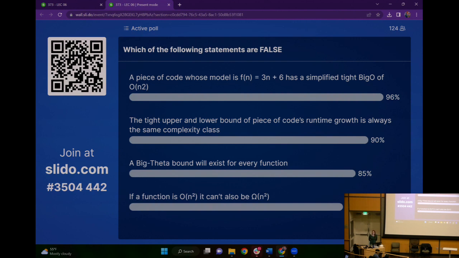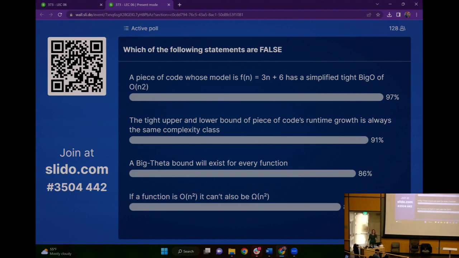Now, is O of n squared a correct big O? Notice how I did not say simplified or tight. Is O of n squared a big O of this function? Yes. Is O of n squared a simplified big O? Yes, it is a simplified big O because I don't have any of the extra coefficients or any of the extra constants.